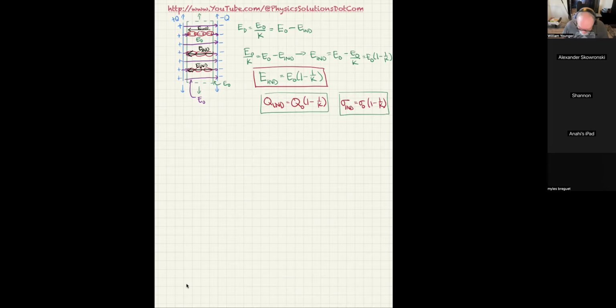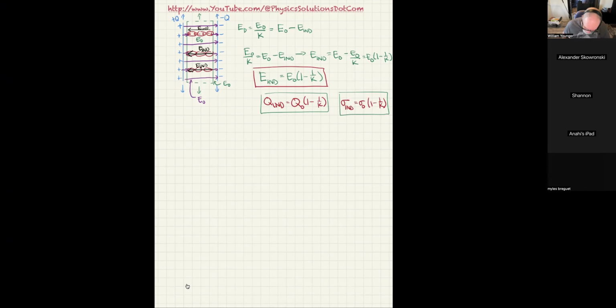So now that we have those expressions, we can use those to do things like calculate the electric field and the capacitance of a capacitor that has a dielectric in it, but the dielectric doesn't necessarily cover the entire space between the plates. And that's what our next example is going to do.